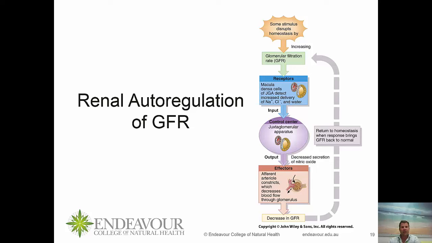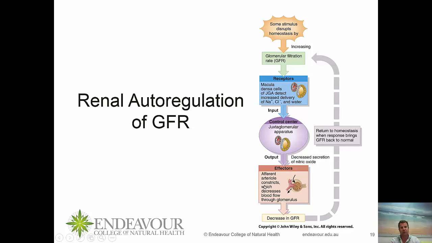That is sensed by macula densa cells, which detect the increase in sodium and chloride flow up past the ascending loop of Henle. That then tells the juxtaglomerular cells, the macula densa cells, to release factors which essentially cause the afferent arteriole to constrict.